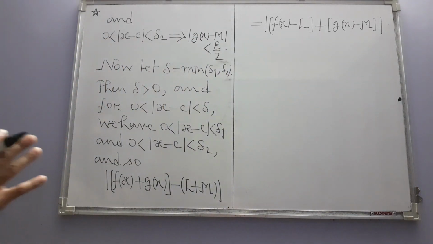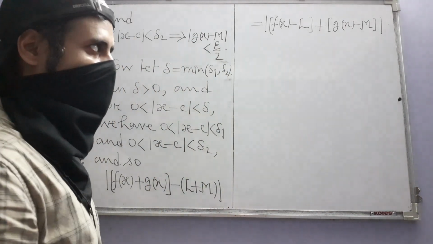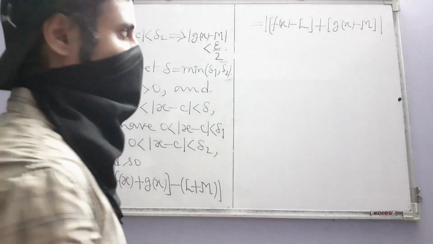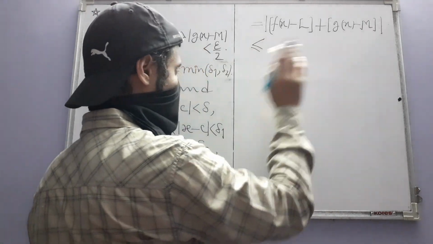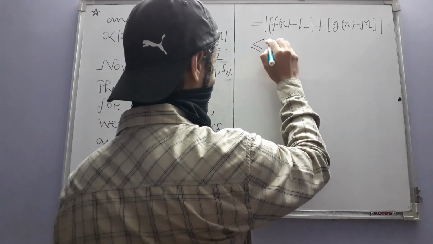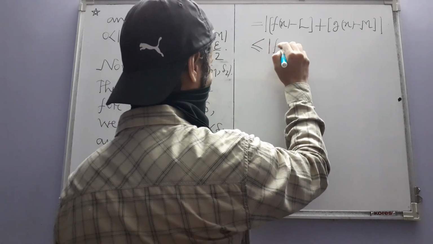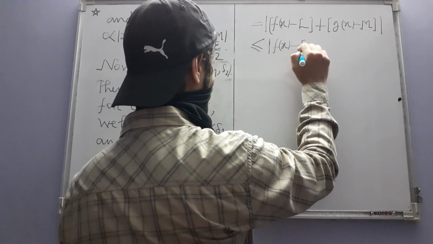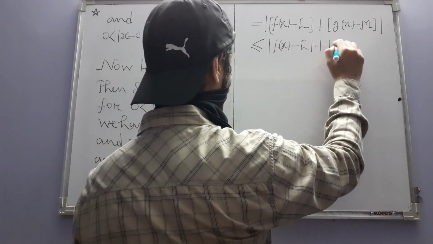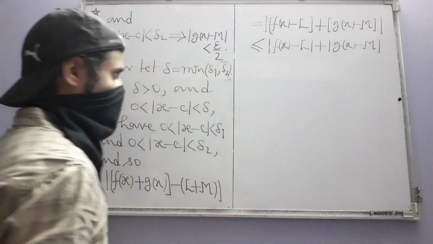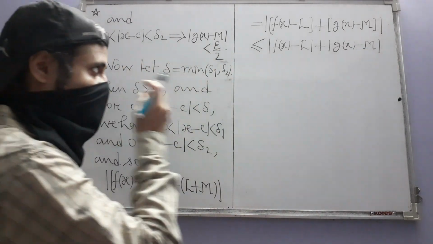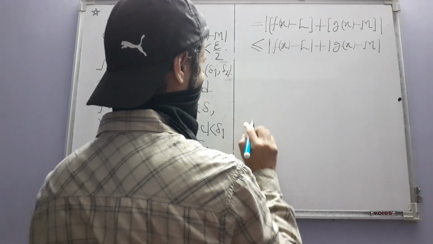And now you use the triangle inequality that is there in the system of real numbers. Thus, absolute value of a sum is less than or equal to the sum of the absolute values. Alright, and those two numbers here are this and this.